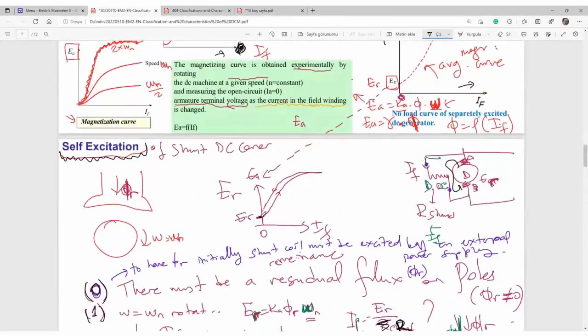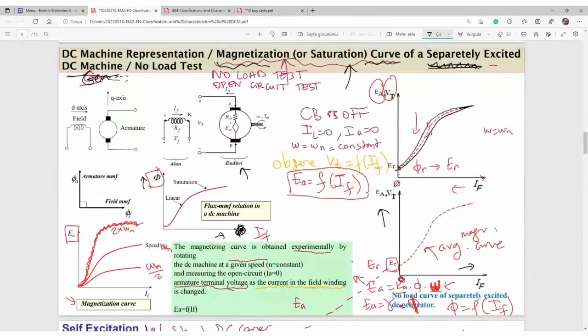Somewhere here, the steady state operation will be. It starts from ER due to residual flux, and then it saturates due to overexcitation.